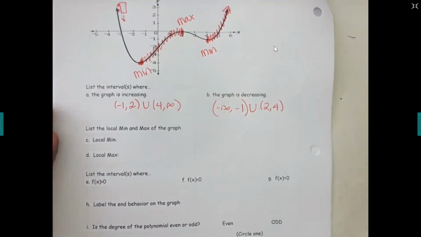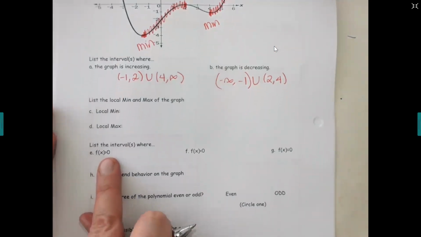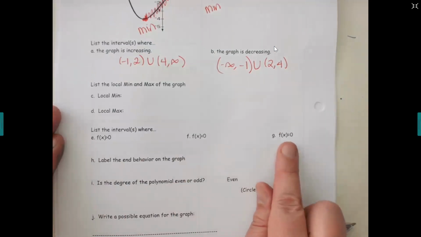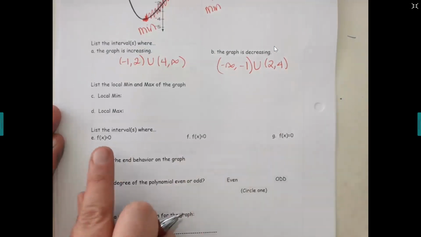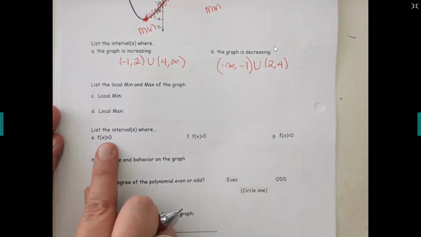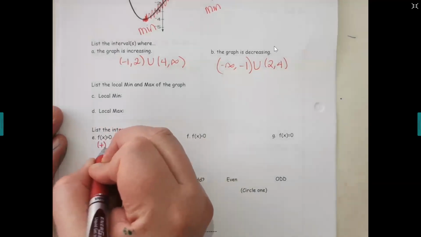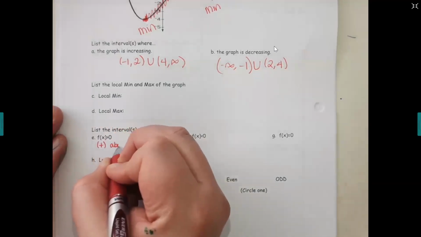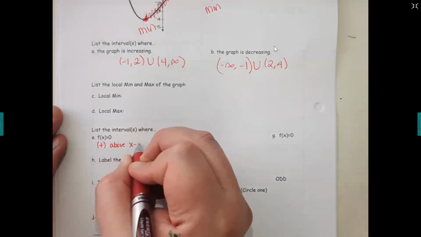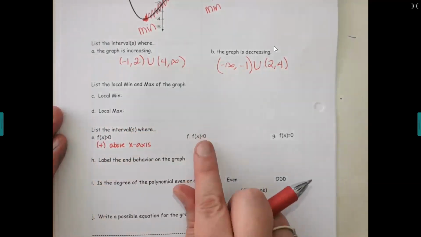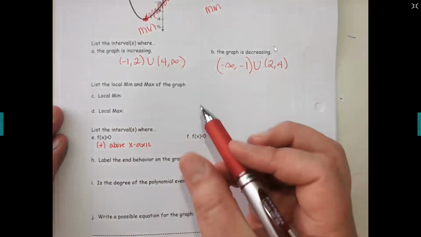Now for the next part, you want f of x greater than 0, less than 0, and equal to 0. Let's review what that means. Greater than 0 means positive or negative, which one? Greater than 0 means positive, and those are going to be found above the x-axis. Versus less than 0, that means negative.